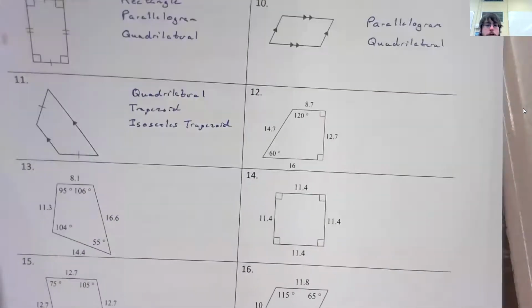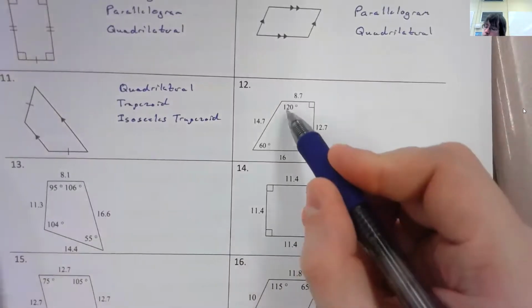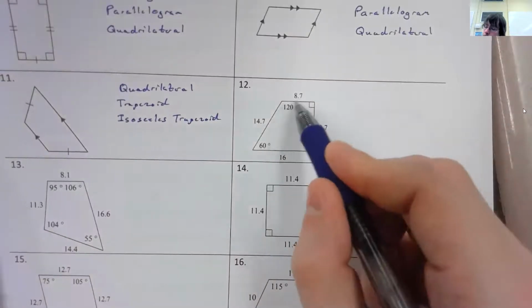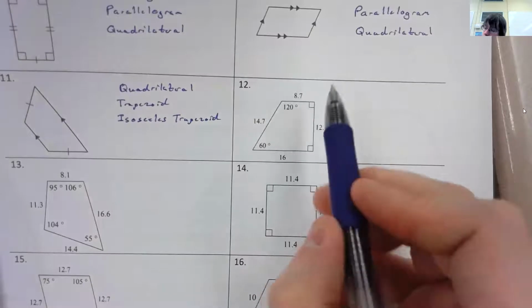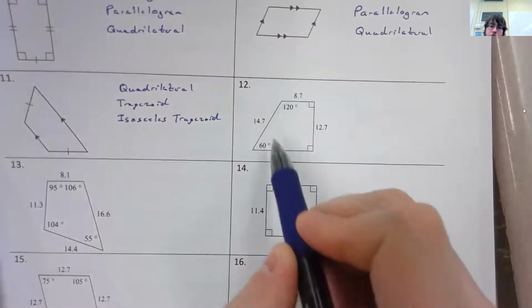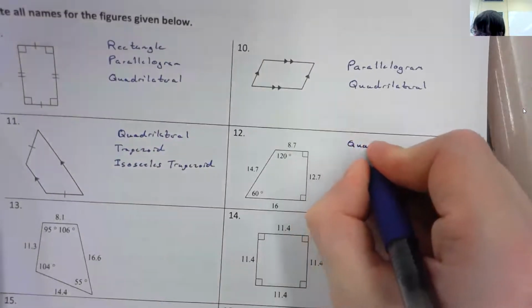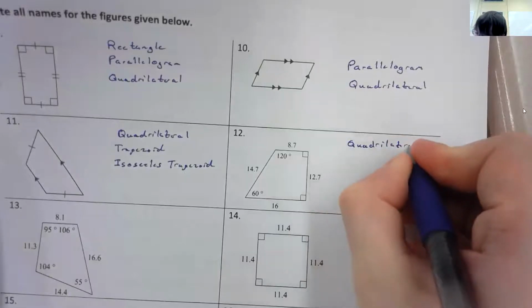All right, number 12. Number 12, we see that we have a 120-degree angle. We can see that none of these sides are congruent, but we can see that these two sides here are parallel. So we've got one pair of parallel sides, which means it's a quadrilateral and a trapezoid.